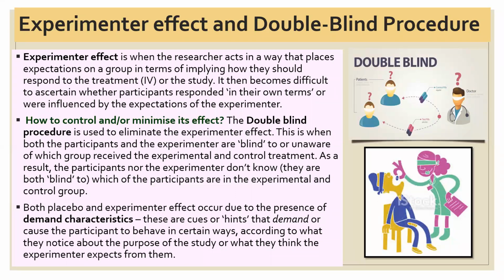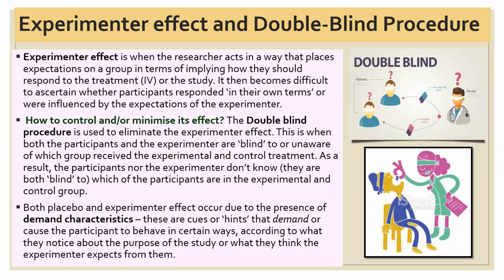Okay, so experimenter effect is talking about the expectations of the experimenter or researcher. Sometimes a researcher, because they're so hell-bent on making sure that their research goes the way they want it to, will place expectations on the group.